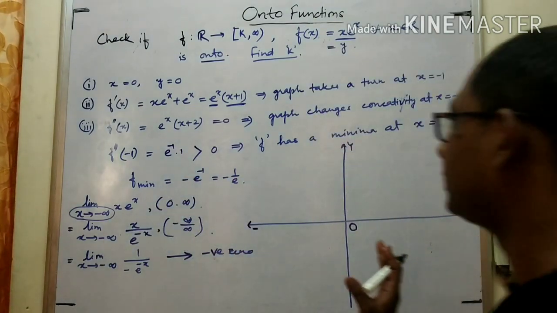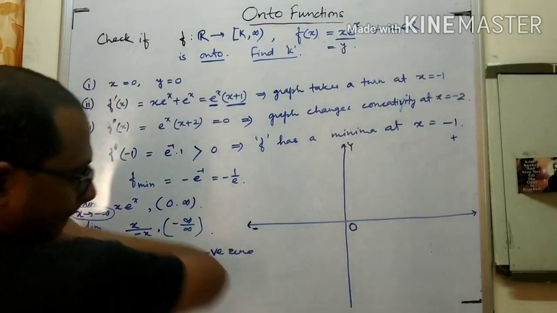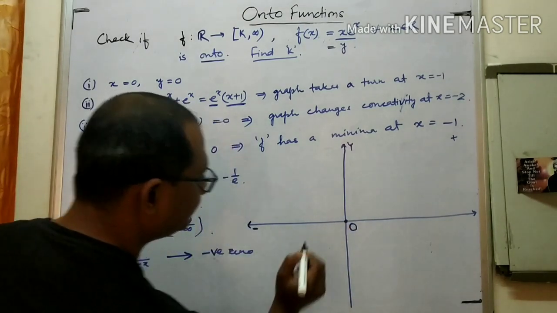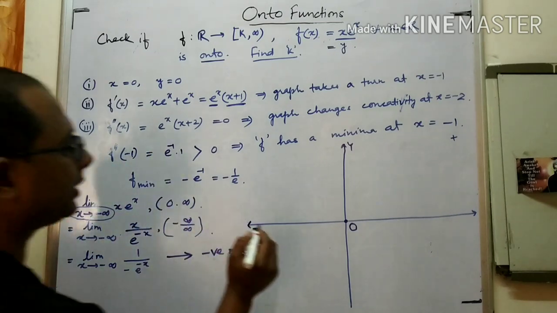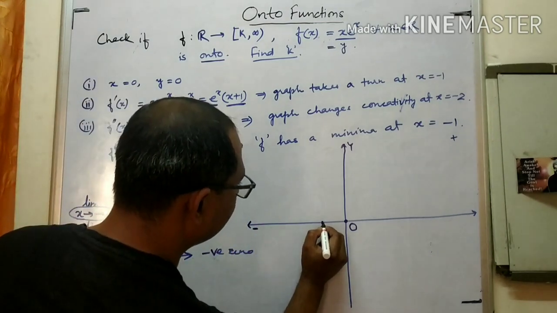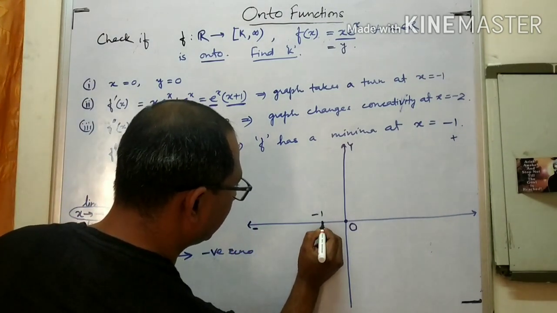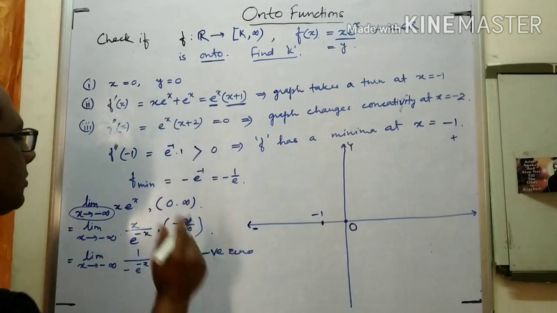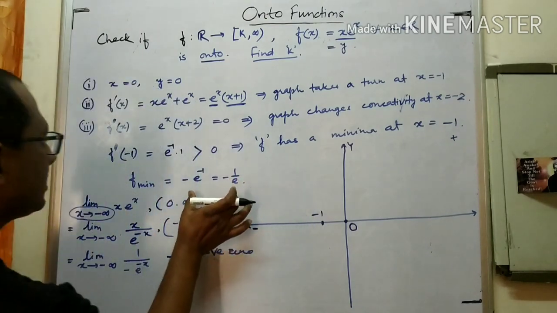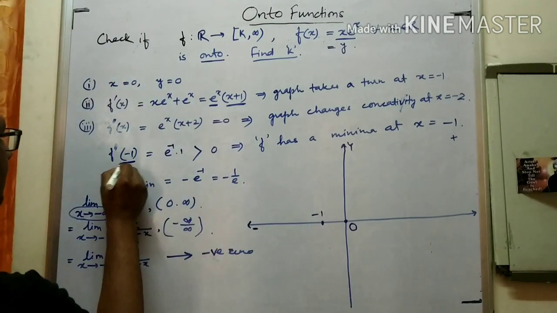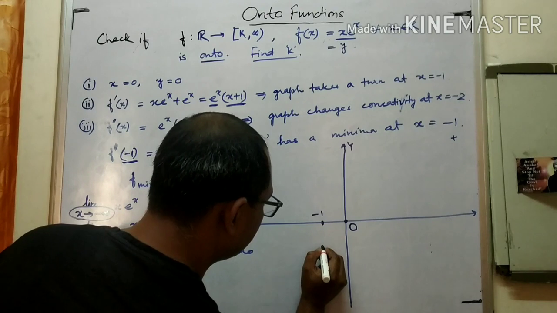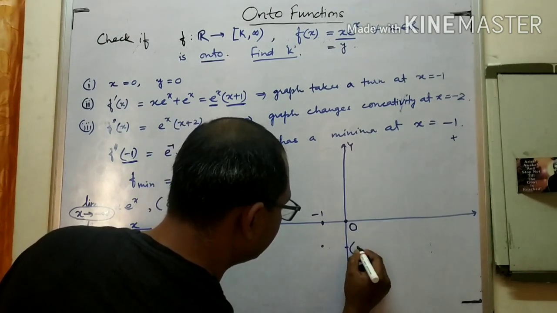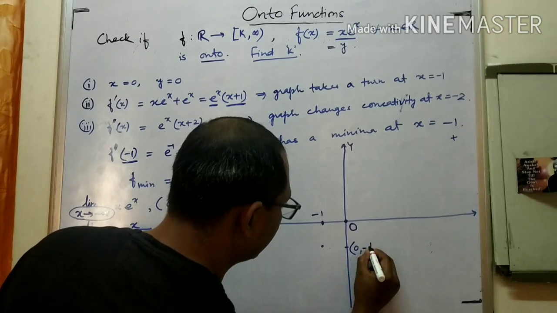Okay, so now we'll try to draw the graph. The graph is passing through the origin. Critical point at x equal to minus 1, so here we'll have a turn. Minimum value is minus 1 by e, and it is obtained at x equal to minus 1, so here it will be the minimum value, the point minus 1 comma minus 1 by e.